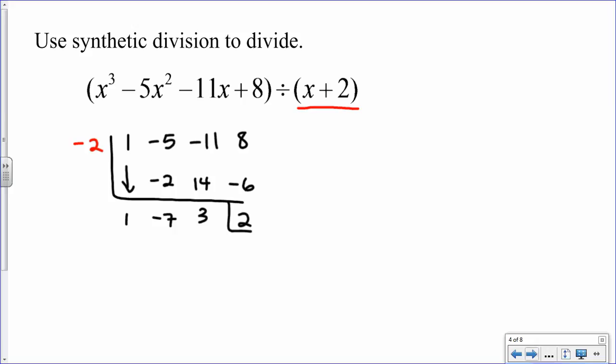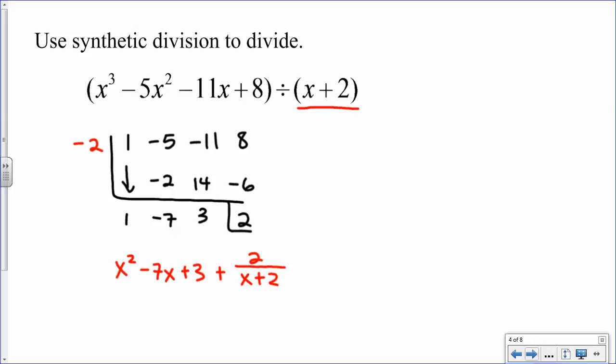Okay? So starting with this 3, that's constant. And then negative 7 is x, and then 1 is x squared. So I have 1x squared minus 7x plus 3. Okay, and then I got to write my remainder, so plus 2 over my original factor, which was x plus 2.